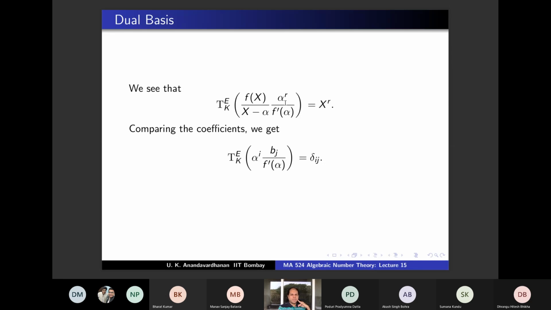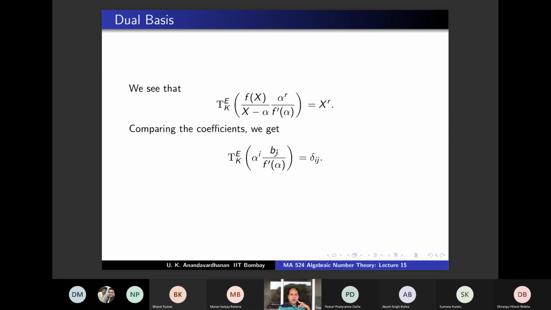Now that is equal to x power r. So that means the coefficient is 0 unless i equals r. And when i equals r, the coefficient is 1. No, the coefficient of x power r is 1. Okay. So the conclusion is trace of alpha power i bj by f prime alpha is delta ij.